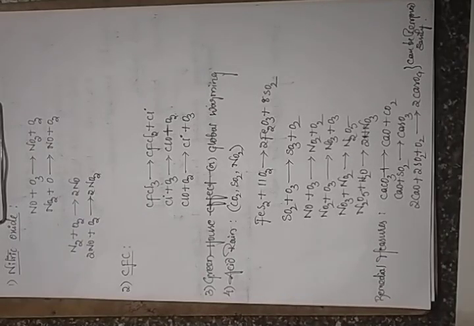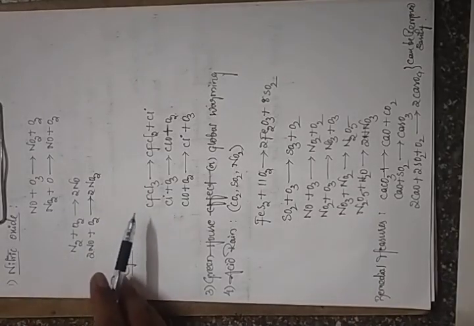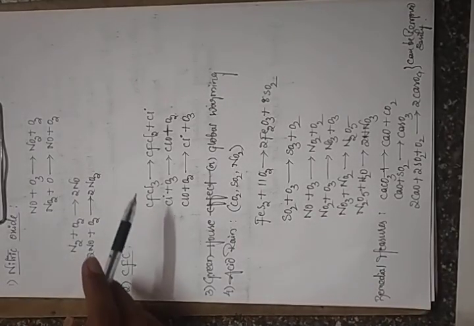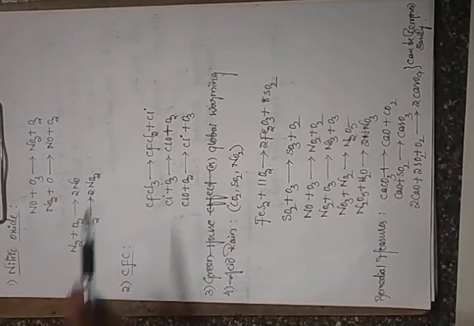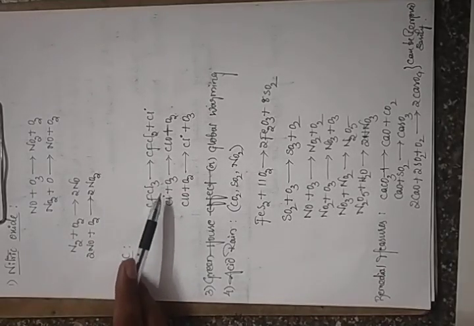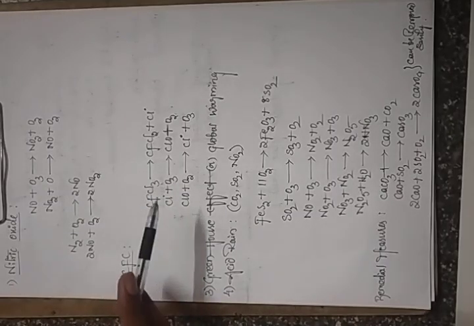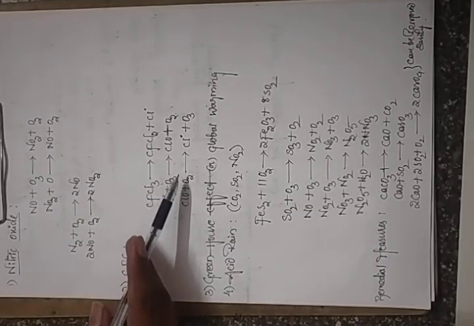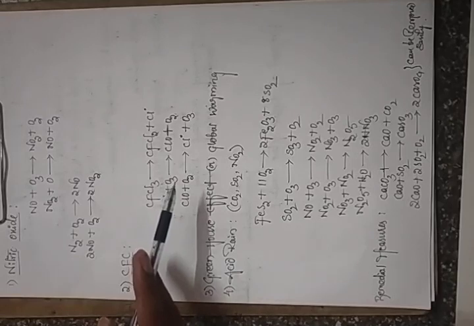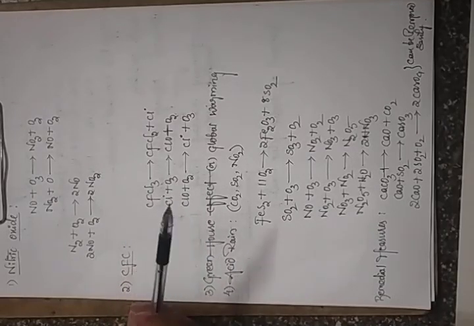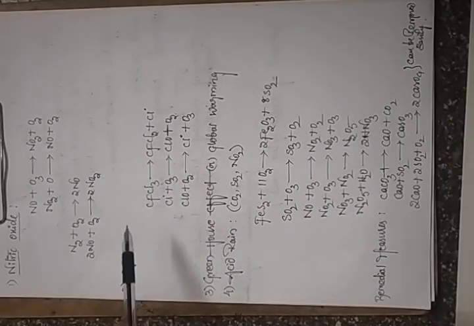The chlorine free radicals catalyze the decomposition of O3, similar to NO, that is nitrogen monoxide. Here CFCl3 gives rise to CFCl2 plus a chlorine free radical, and the chlorine free radical reacts with ozone to form ClO plus O2, and in turn it gives you chlorine free radical plus O3, that is ozone.